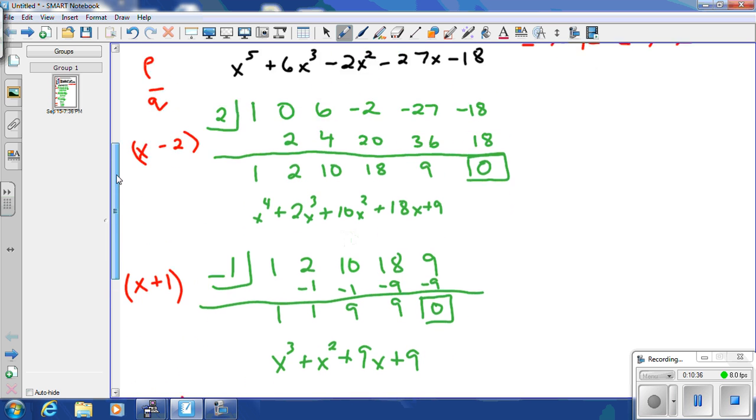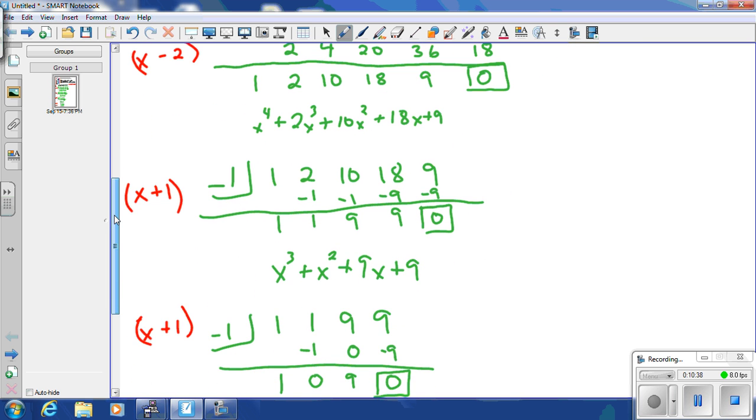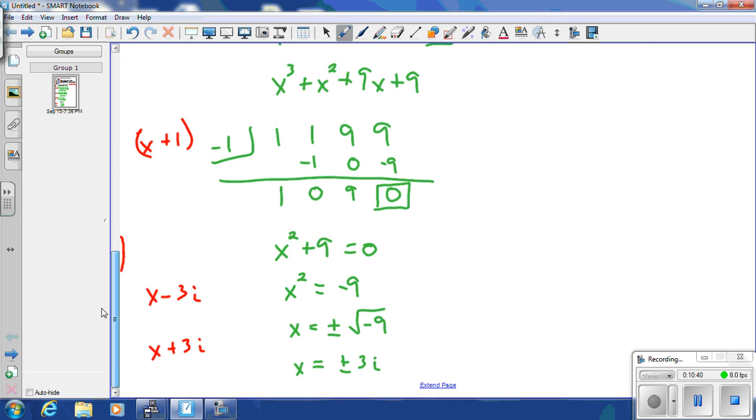So I should have all 5 roots. What I encourage you to do then is to multiply these back out and see that you get back to the original function that we started with.